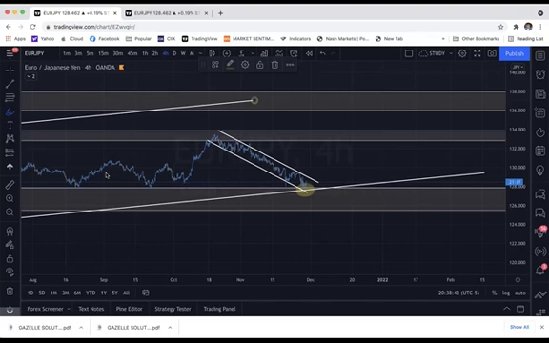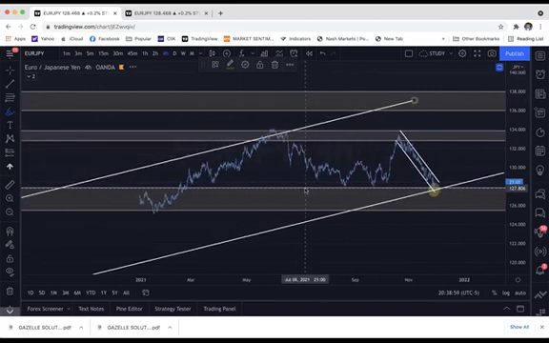Everything going together, meaning it's the 4-hour with the daily bias and with the daily trend. So this is all three together. This is the strongest of the strong.